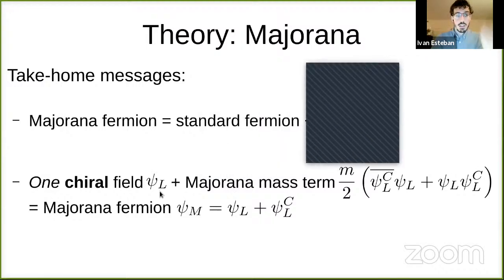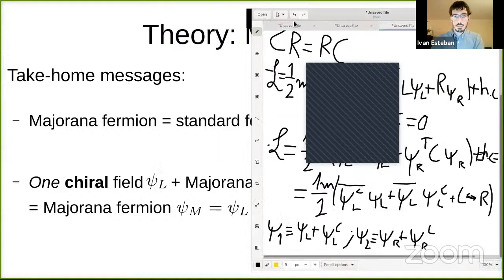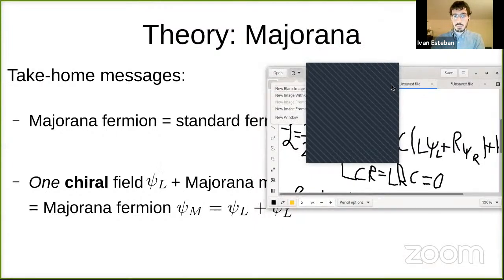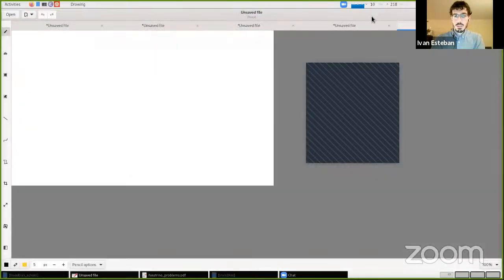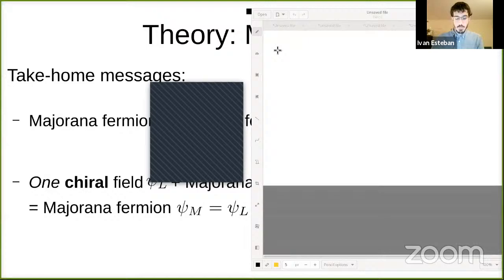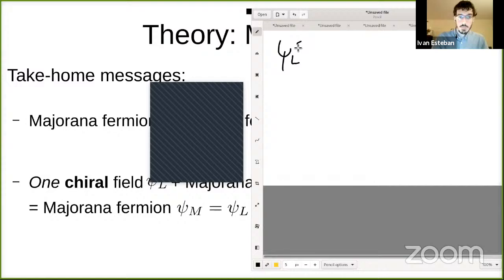So the charge conjugate of a left-handed field is just psi LC. So this is just i gamma 2 gamma 0 times gamma 0 psi left star. We didn't have to talk at any point about psi right. We don't need the right-handed part to take the charge conjugate.